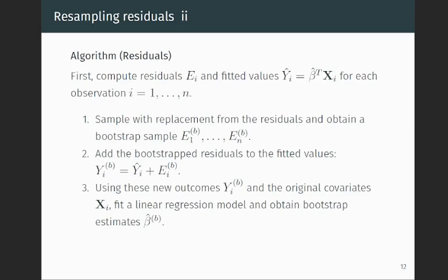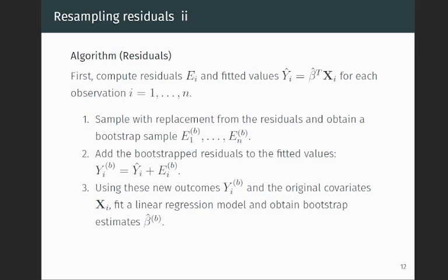Here's the algorithm. It starts by fitting the model, just like we did earlier, and then computing the residuals and the fitted values. I'm going to call the residuals e_i here, and the fitted values y_i hat. The first step is to sample with replacement from the residuals, and what we get is a bootstrap sample of residuals.